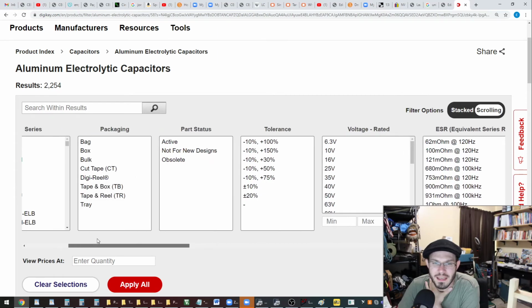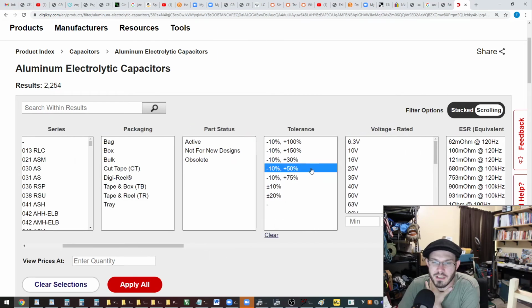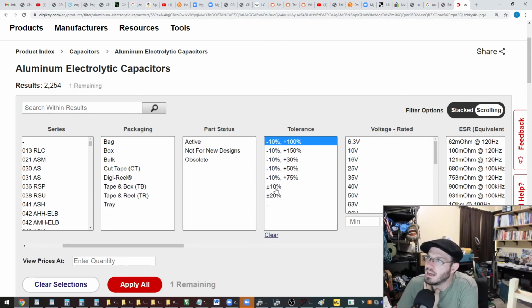All right, let's look at the different tolerance ranges. If you see here, this is a really good electrolytic cap. Plus minus 10% is awesome. Notice that that is the best one on this list. That is the best you can hope for a general purpose electrolytic cap.